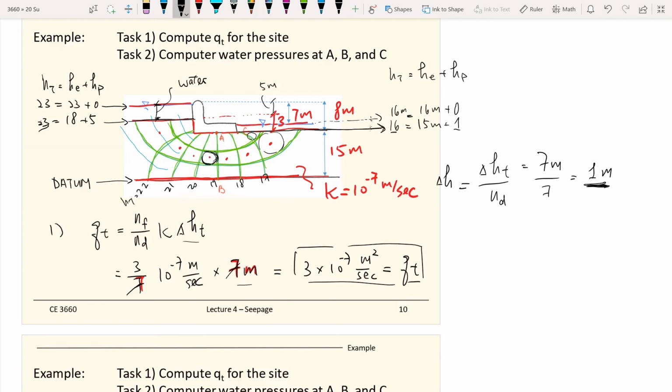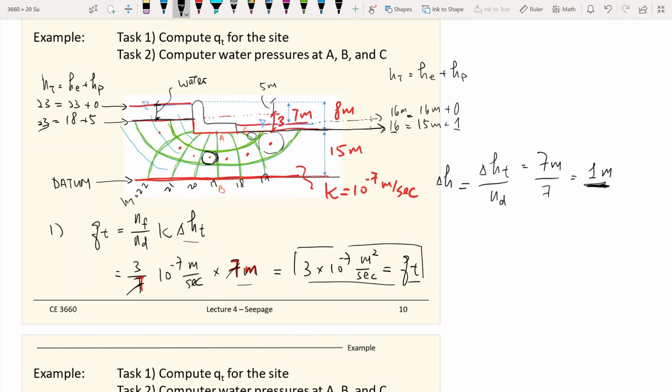So this is how powerful this flow net can be. It helps you to illustrate, throughout the flow of the water going through the equipotential lines, how the total head changes. Again, from this example, I made our life a little bit easier. I made it up in a way that each drop goes down by 1 meter.